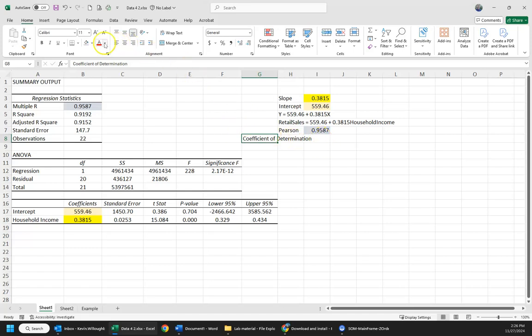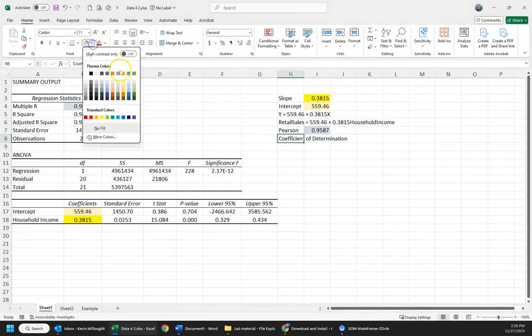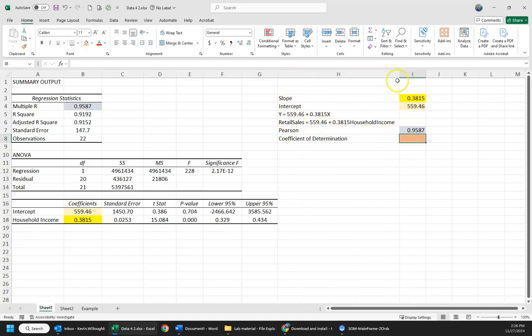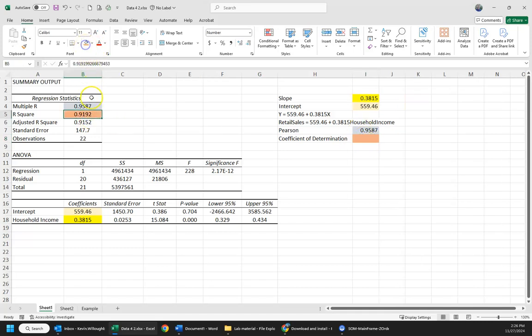Let's color code that a little bit. Hopefully I don't run out of colors. Oops, I don't want that colored. There we go, make this a little bigger. And it is going to be this value here, and generally it is expressed as a percentage.